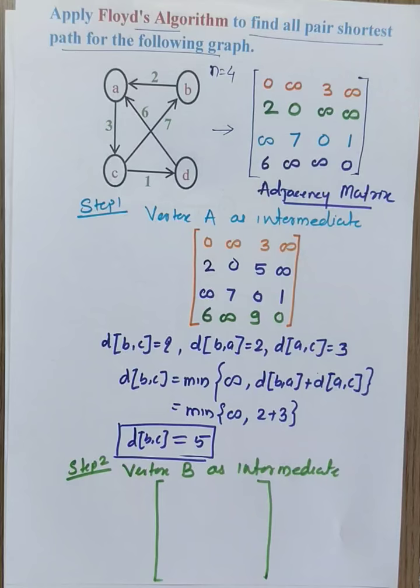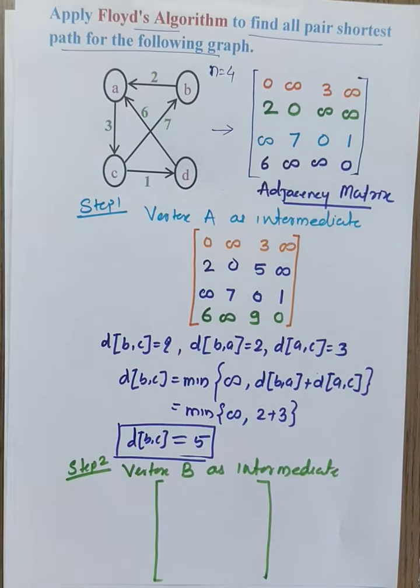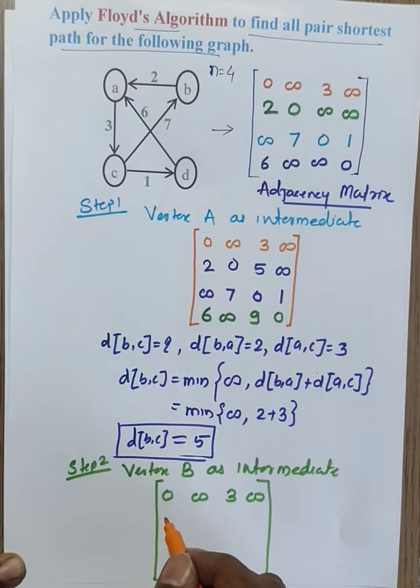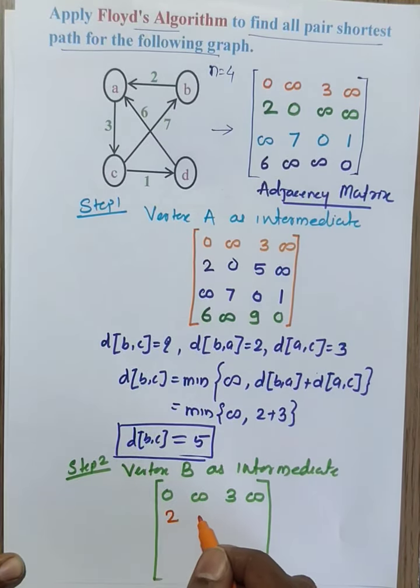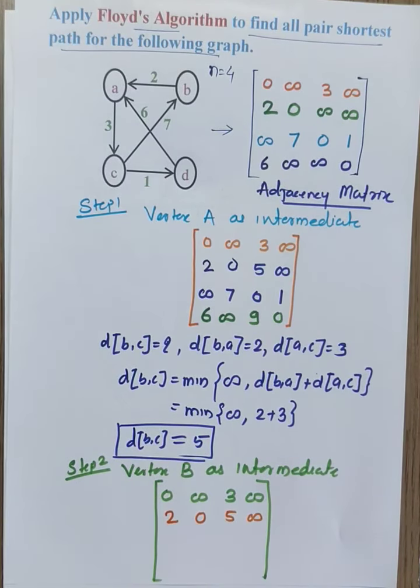A to B, is the edge there? No. And B itself as an intermediate means the first two rows will get the same values: 0, infinity, 3, infinity, and the second row is 2, 0, 5, infinity. The first two rows will get the same values.